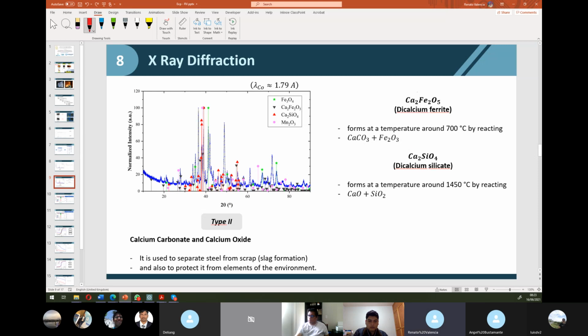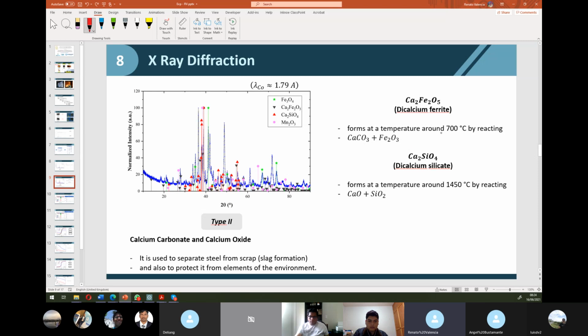To form the calcium ferrite, this compound forms around 700 degrees Celsius by reacting calcium carbonate plus hematite.